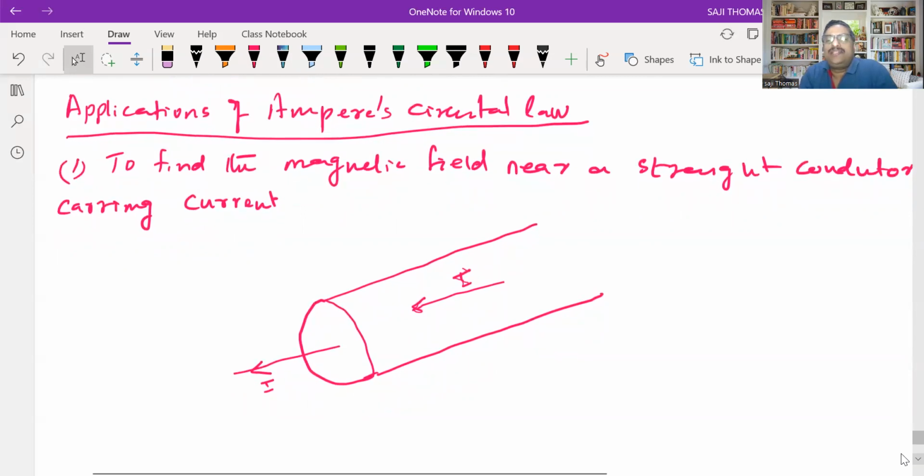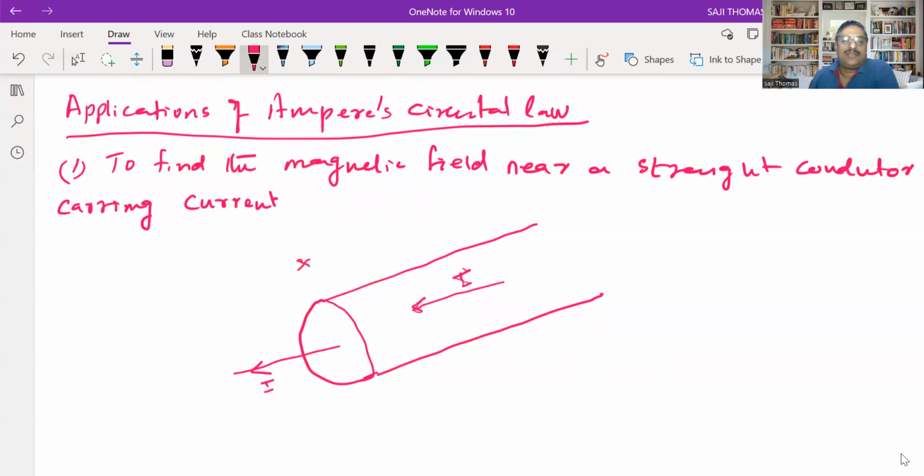So to apply Ampere's law, you need an open surface. That open surface is a circular area, and we have to consider a loop. That loop is known as the Amperian loop. On this loop, magnetic field is always tangential to the length. So let me find the magnetic field at this point, P, outside the conductor.